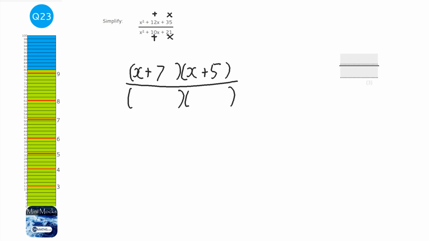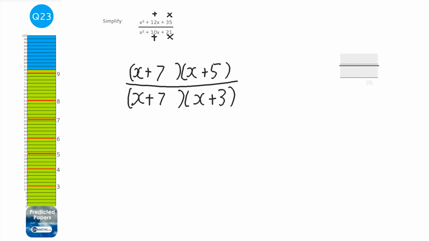Well, I know that 5 doesn't go into 21, but I know 7 does. So x plus 7 and x plus, well, to make the 21 and the 10 needs to be 3. And all you need to do is divide top and bottom by x plus 7.